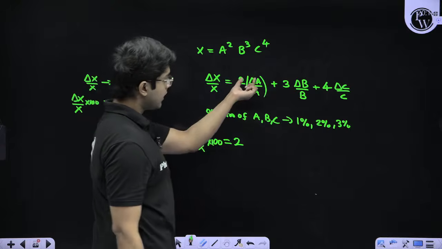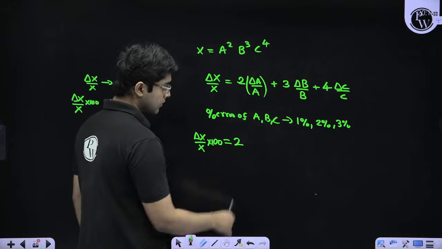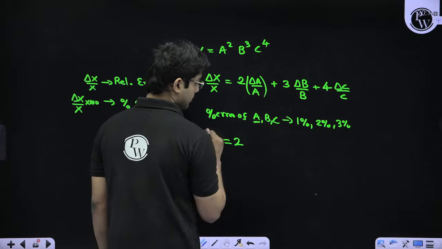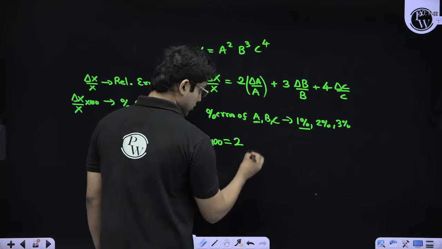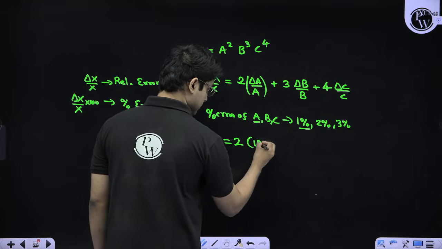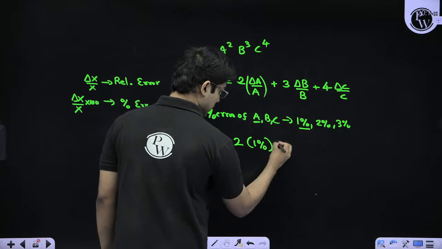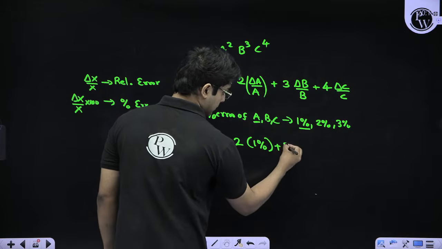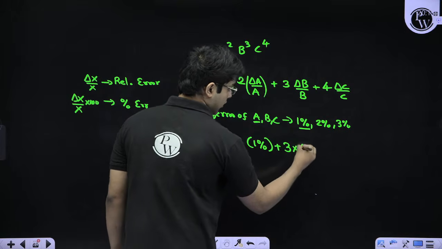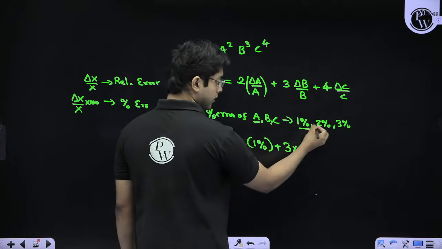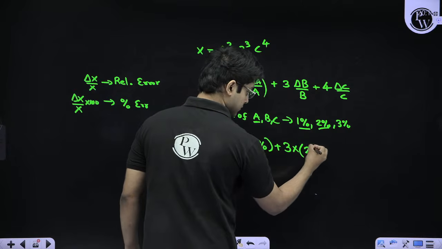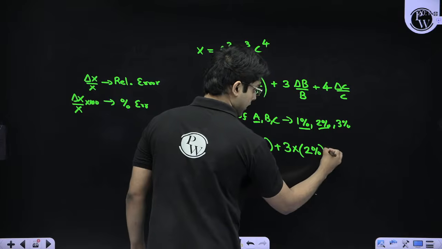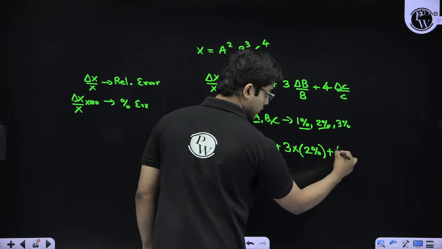What is delta a by a into 100? Percentage error in a, which is 1%. So this will be 1%. Then here we have a 3. What is the percentage error in b? 2%. And over here we have a 4.